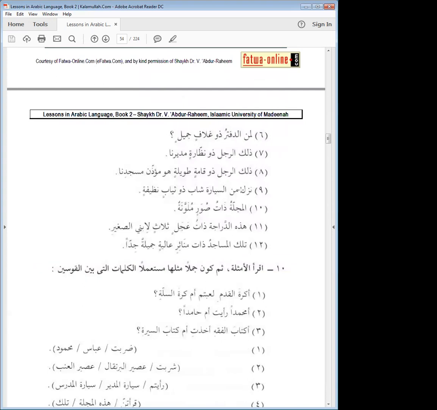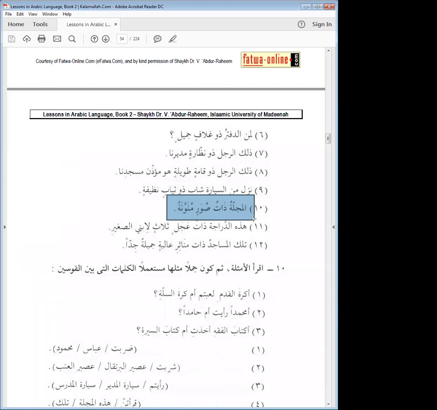Now, if the noun that we are describing, or listing the particular characteristic for, is a feminine noun, we don't use dhu, we use dhat, right? Let's look at number 10. We have al-mujallatu dhatu suwarin mulawwanatin. Now, what does this mean?